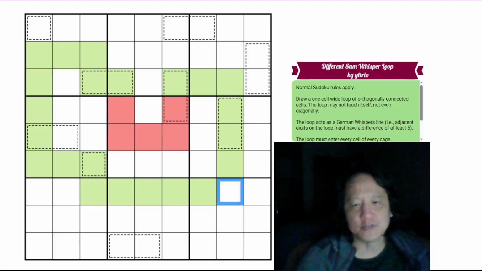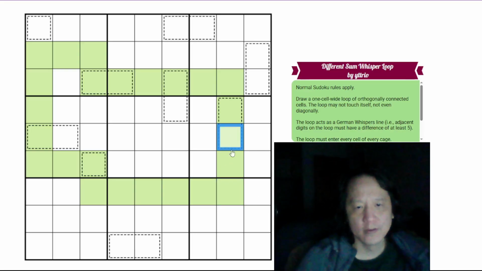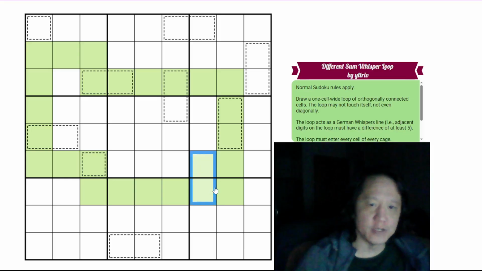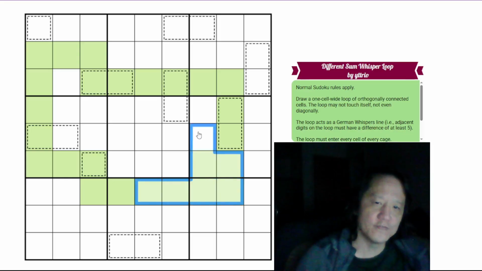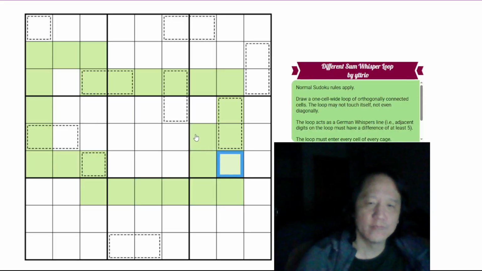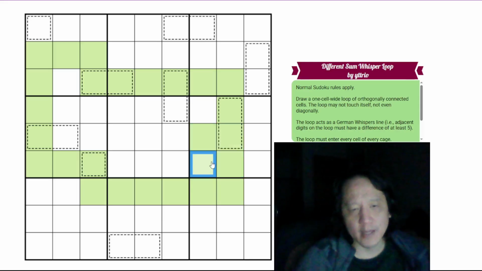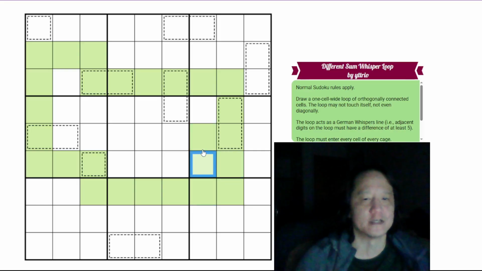Even if you remove that, you could not have something like this, because this would be essentially touching itself orthogonally. And again, this would share an edge with 3 cells on the loop, which is not allowed, right?